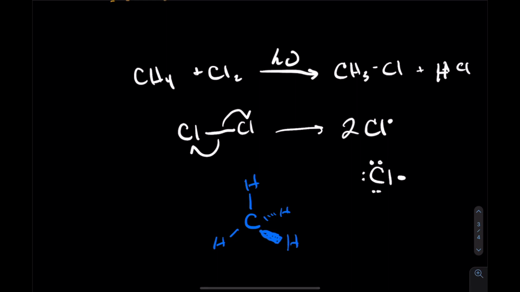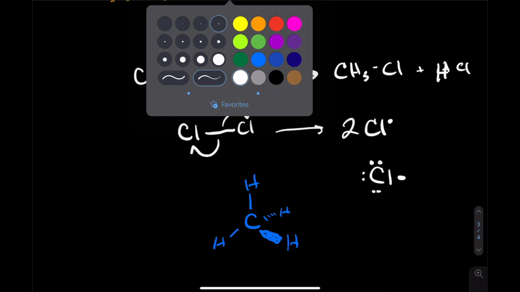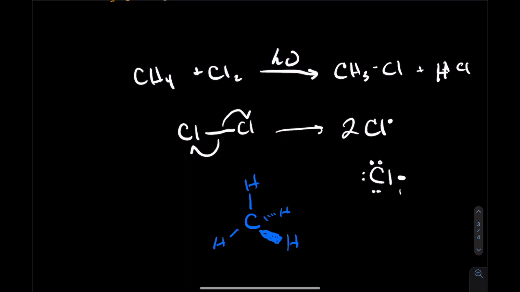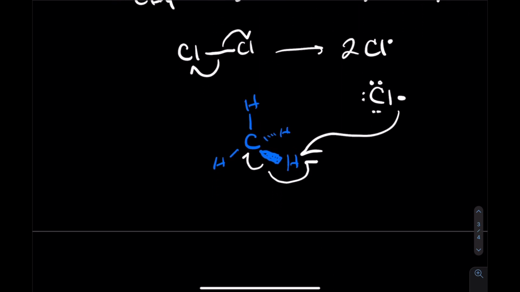Methane is not acidic. But a chlorine radical is just like, I don't even care how not acidic you are. You're coming with me, all right? And so it's going to go and just grab it. And it's going to take one of those electrons. It's going to kick one electron back off to the carbon. And it's going to go and form a 2-electron bond with chlorine to make HCl.